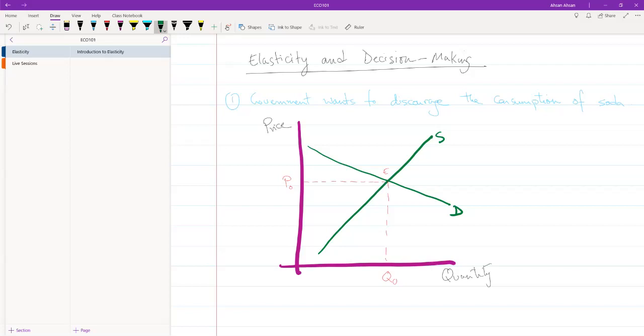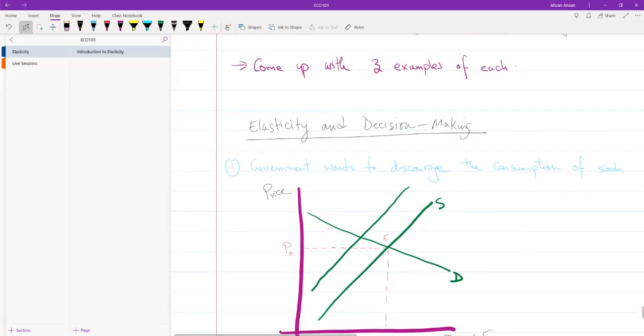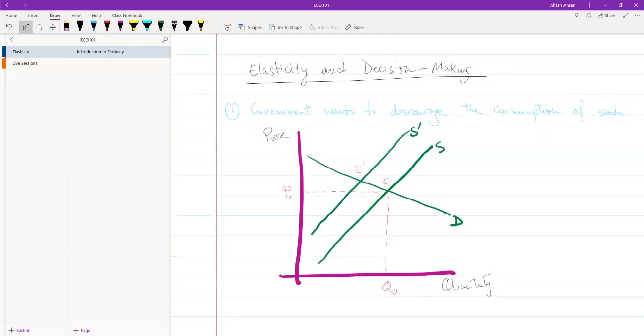But basically, when there is a tax on producers, the supply curve is going to shift to the left. This is what the government is hoping will happen. So from S we come to S prime, and from E we arrive at E prime.